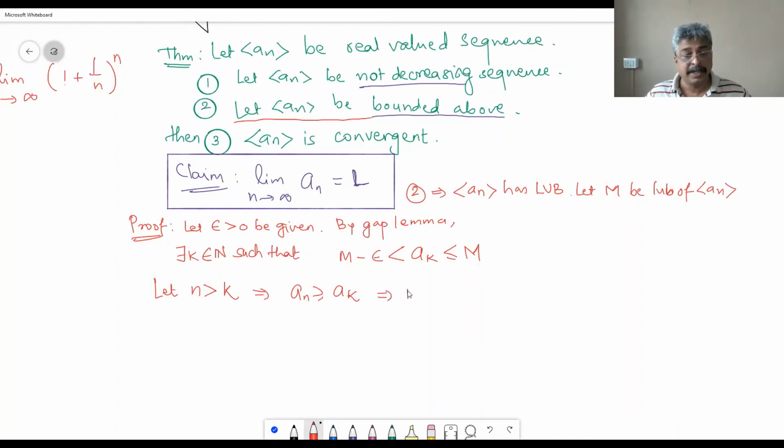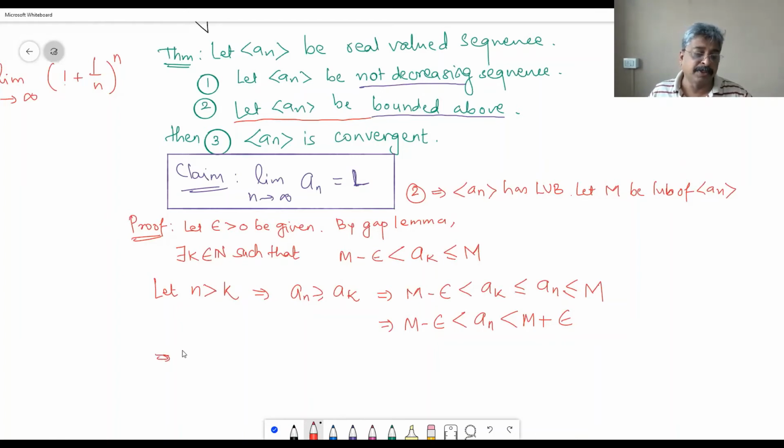This implies M minus epsilon is less than ak is less than or equal to an is less than or equal to M. This implies M minus epsilon is less than an is less than M plus epsilon.